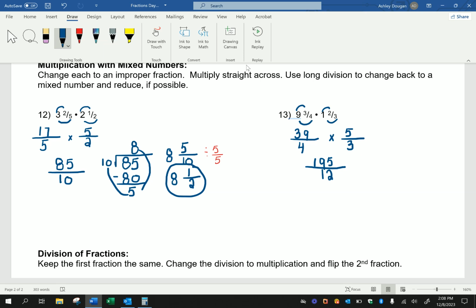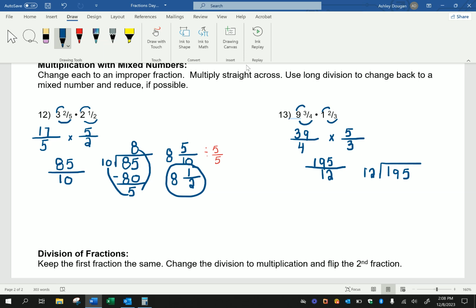Because I started with mixed numbers, I want to change this improper fraction to a mixed number. Now, if this value is not an improper fraction, if it was 12 over 195, then you can't change it to a mixed number, right? But this one is improper, and so we can change it to a mixed number, and that's what we need to do for our final answer.